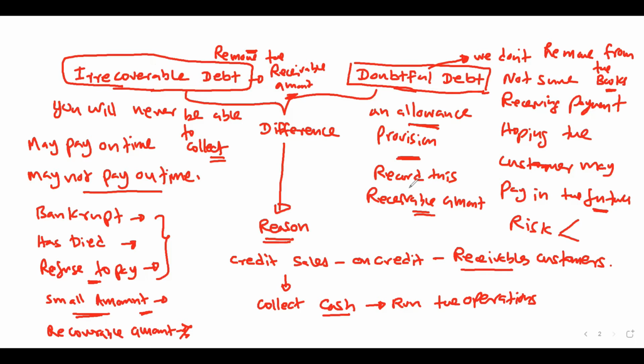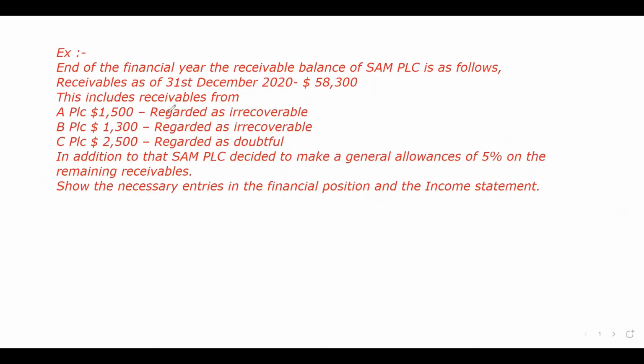Now let's look at a question, how to deal with these types of questions. At the end of the financial year, the receivable balance of SAM PLC is as follows. Receivable as at 31st December 2020, 58,300.